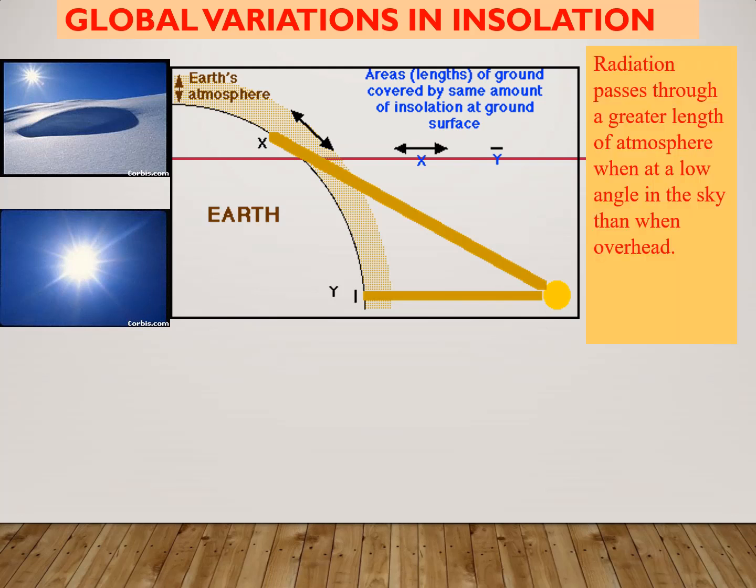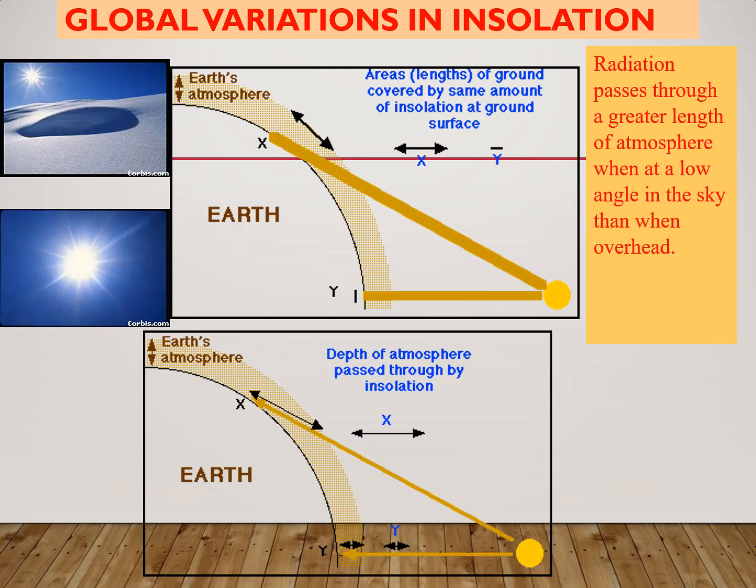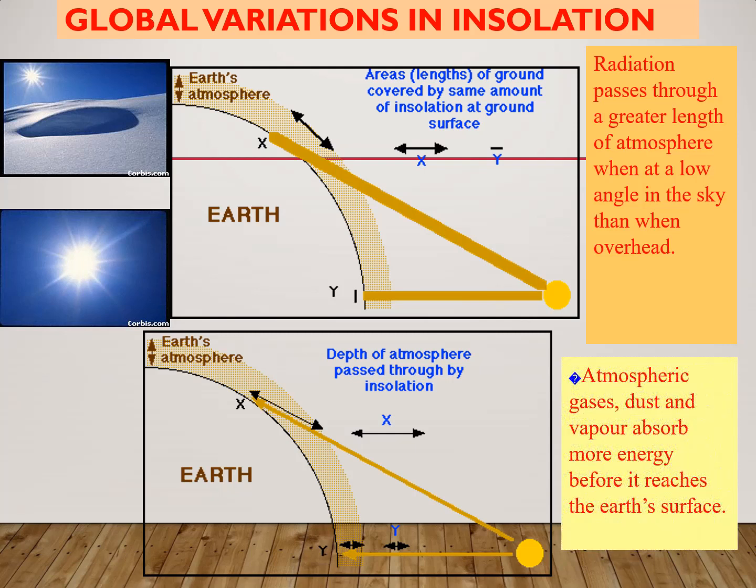So radiation passes through a greater length of atmosphere when it is at a lower angle in the sky than when it is overhead. When it is overhead, it passes through a lesser area of the atmosphere. Now, as the insolation passes through greater areas of the Earth's atmosphere, as you can see here, the atmospheric gases, dust and water vapor are able to absorb more energy out of the insolation before it reaches the Earth's surface.